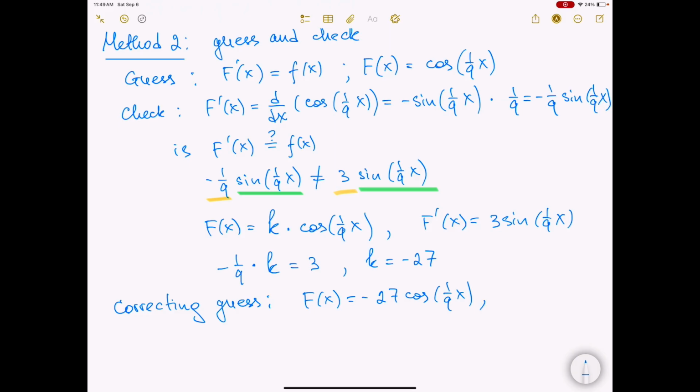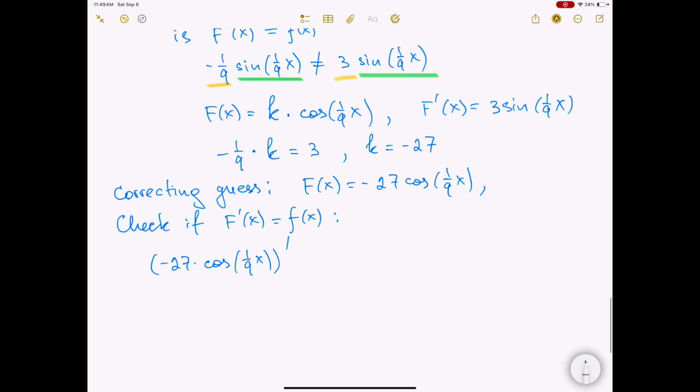Now that I corrected my guess, I can check to confirm that the derivative of our function should be equal to the original function f of x. If I differentiate, it's minus 27. The derivative of cosine is negative sine over the same argument.